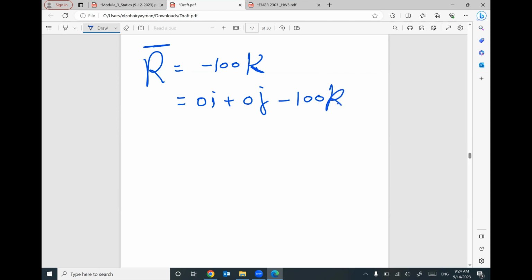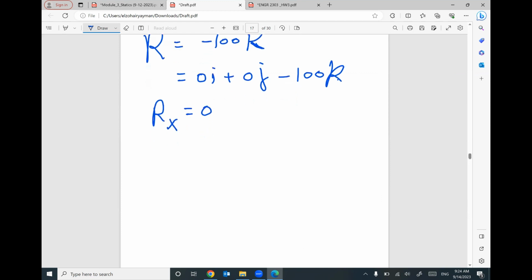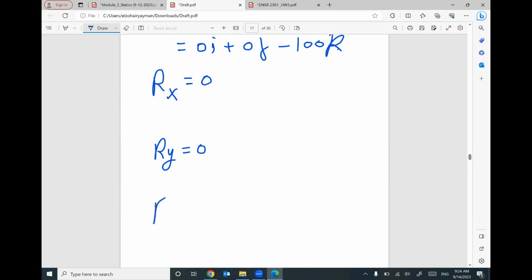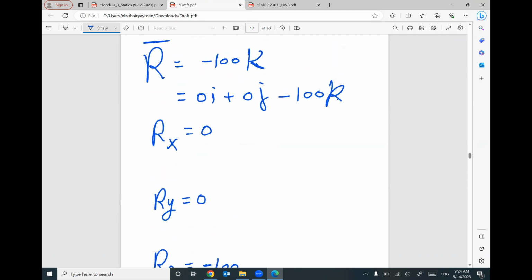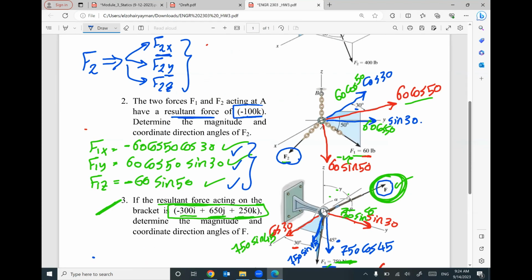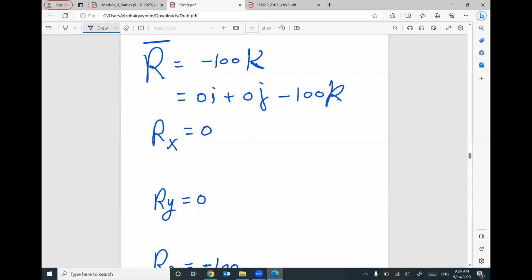This is the original vector for your resultant. That means the X component of your resultant equals 0, the Y component equals 0, and the Z component equals negative 100. Does that make sense? This little vector, negative 100K, represents originally something like this, but I removed the 0 and 0.